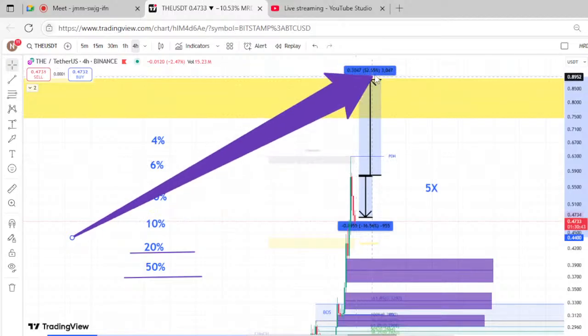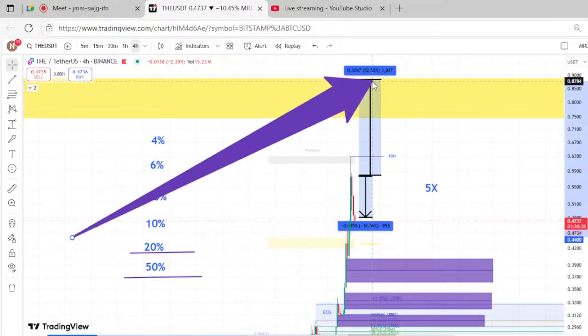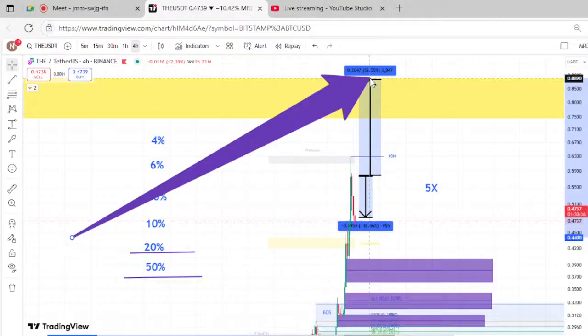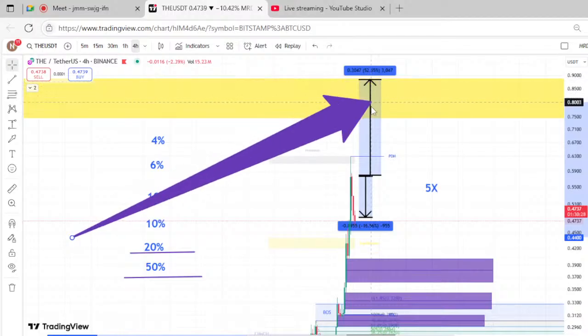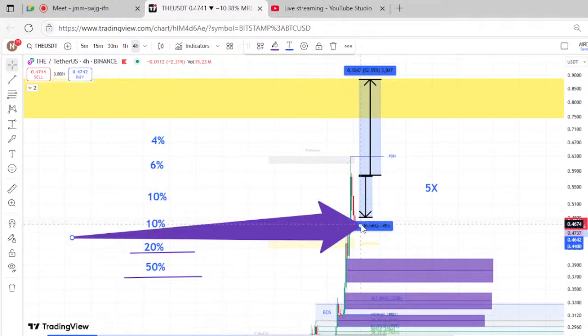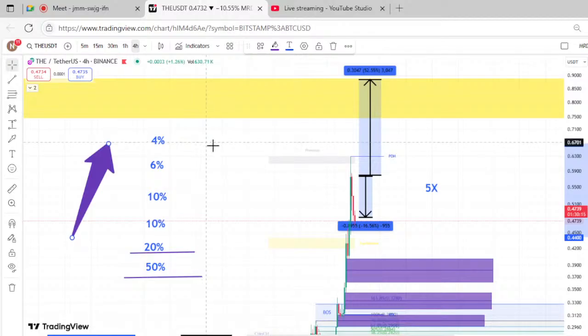And if you know that it could go to this point, then you have to cover this distance by buying more of the coin. You can keep adding $5. The 5 times 5 is what? It is $25. So you could risk your $25 while targeting the 80%, while targeting the 20%, while targeting the 10%.